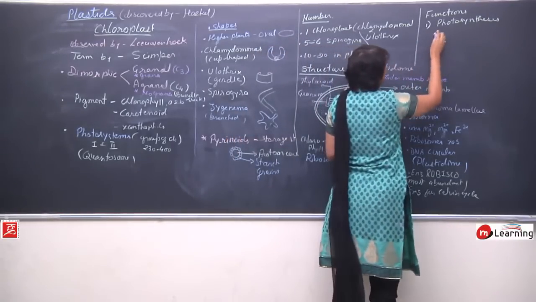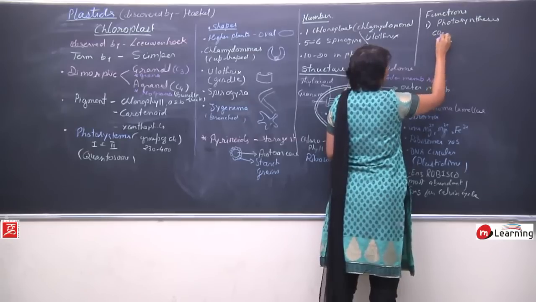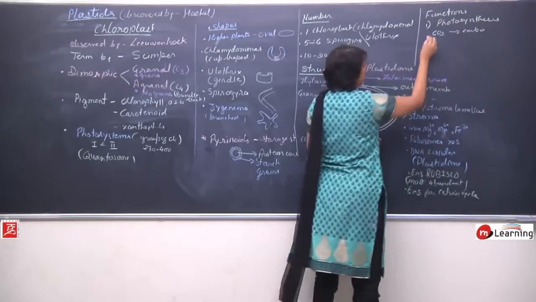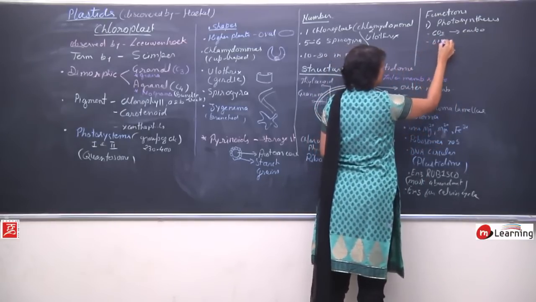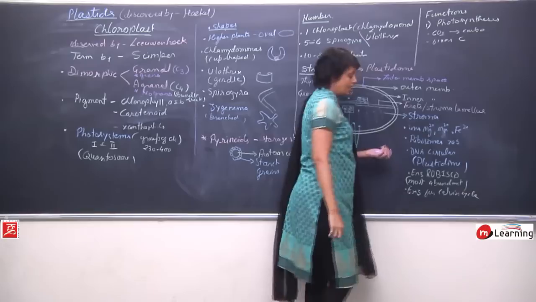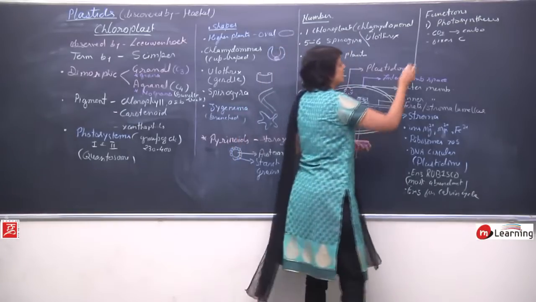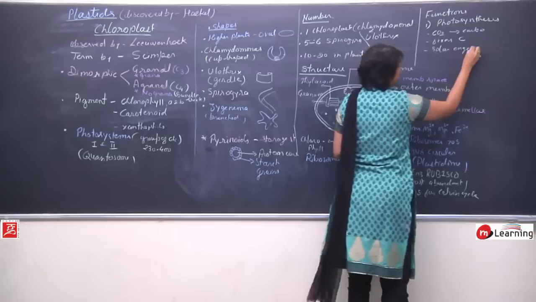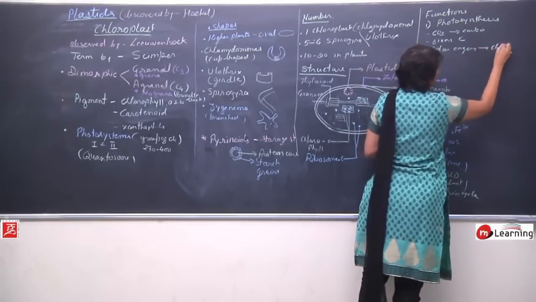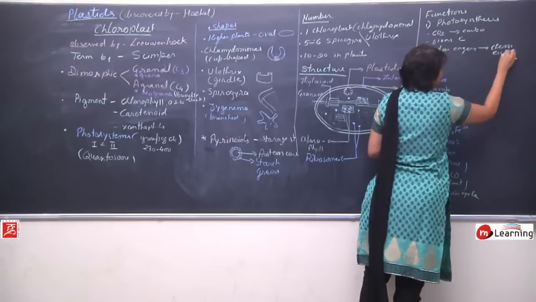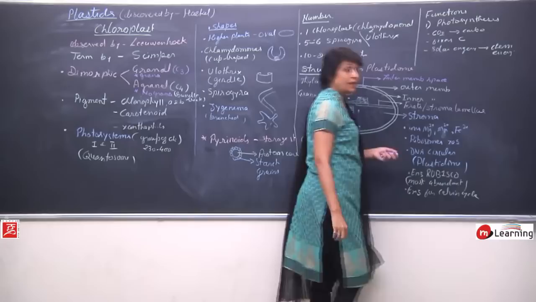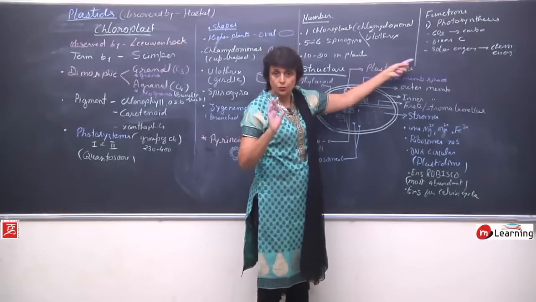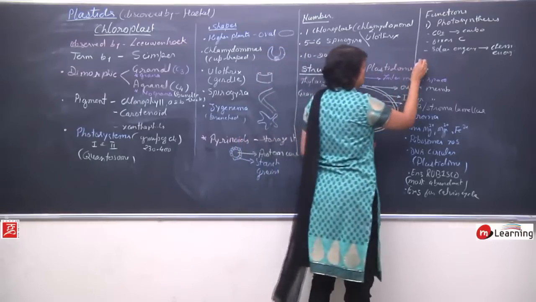It converts carbon dioxide into carbohydrates. It can be written as it fixes carbon. We can also write it as solar energy is converted into chemical energy, that is ATP. So we can write many points in photosynthesis. One very, very important function.